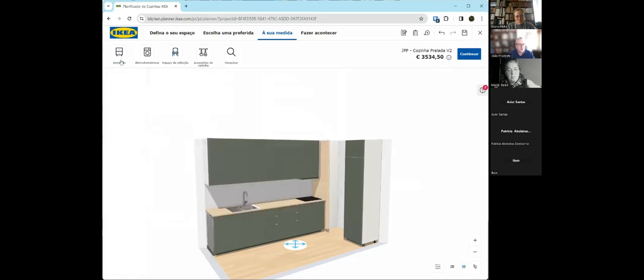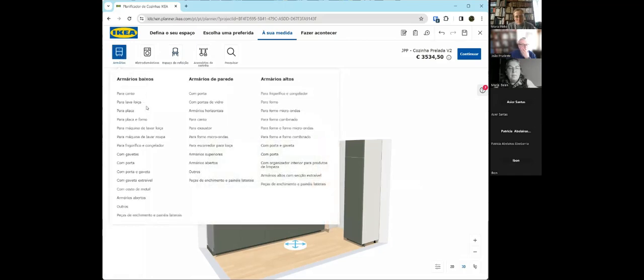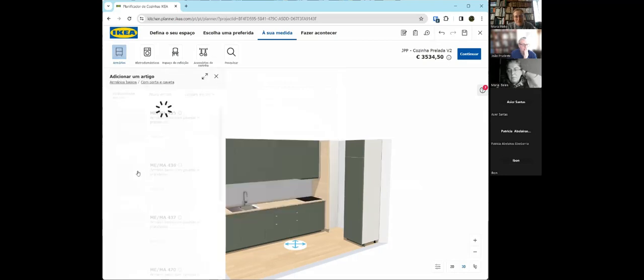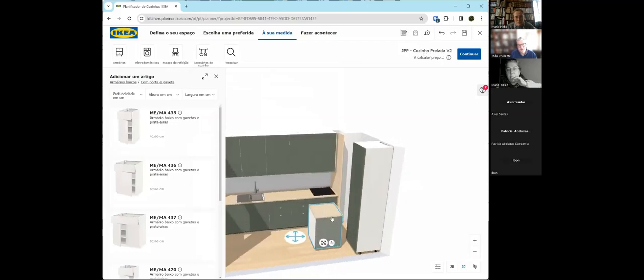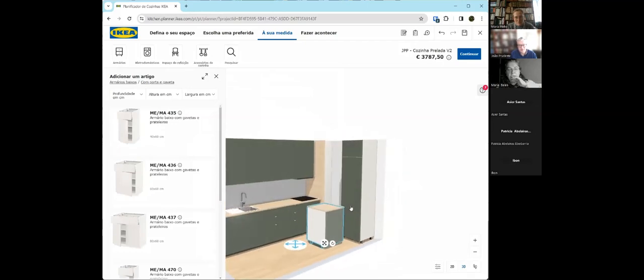Sorry. Choose an armchair, let's say something completely different than what I have. I bring it here. I've chosen the materials.